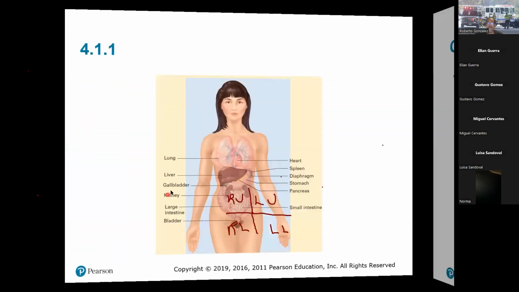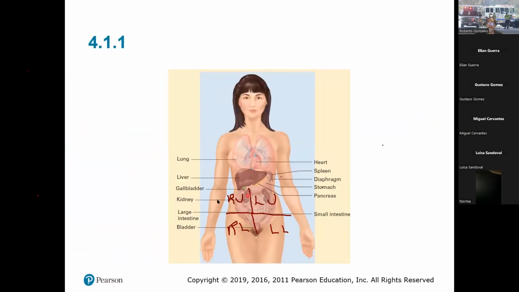So the liver is located in both the right and left upper quadrants. Right here we're dealing with the spleen and the stomach, and then part of the pancreas, which I believe at this portion is more retro, or towards the back.